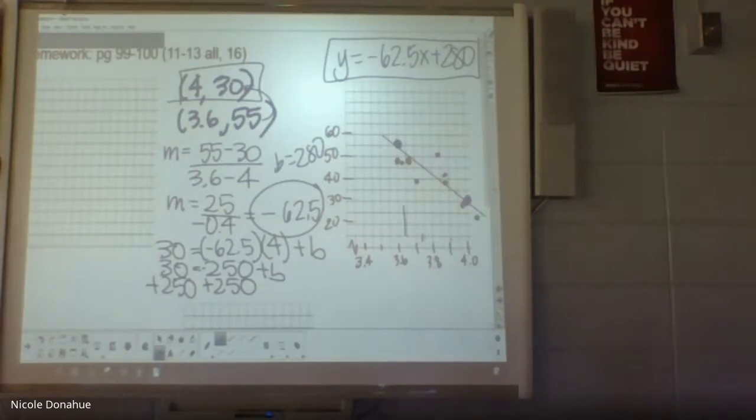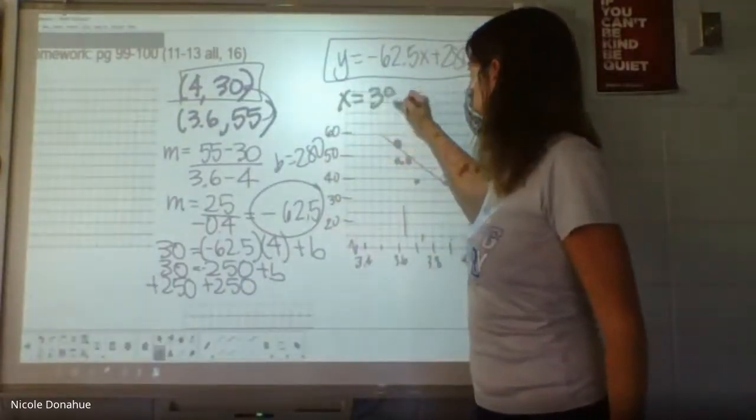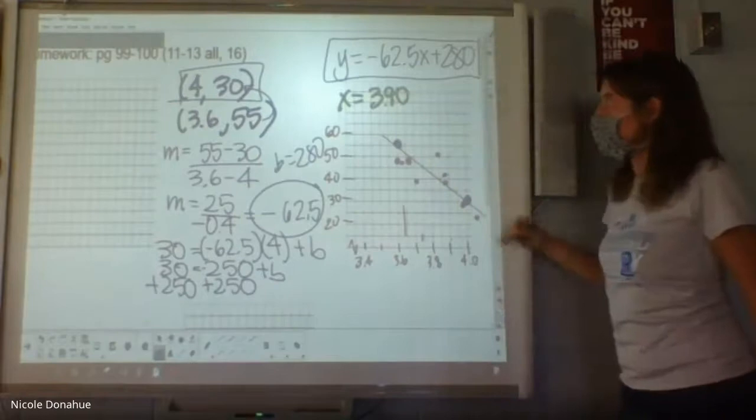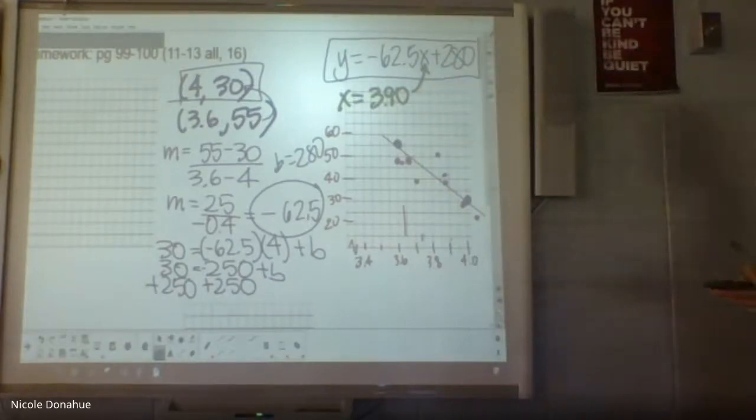Then it says, estimate the price of wheat when 25,500 bushels were sold. But first of all, it says, what would $3.90 be? So I'm going to put $3.90 in here, 3.90, and see how many bushels we would get.